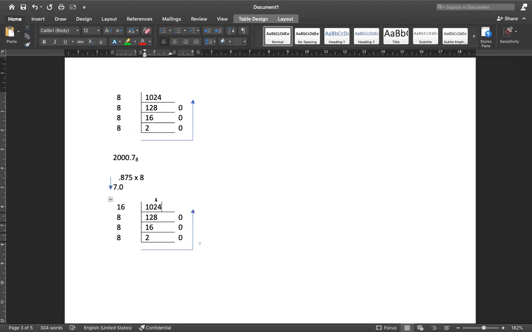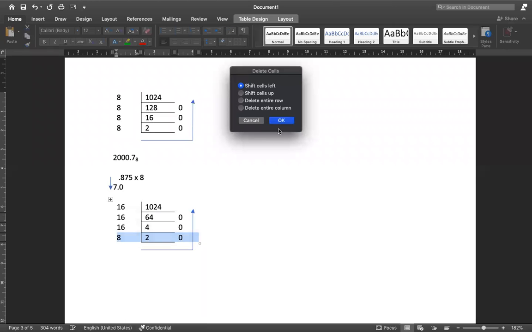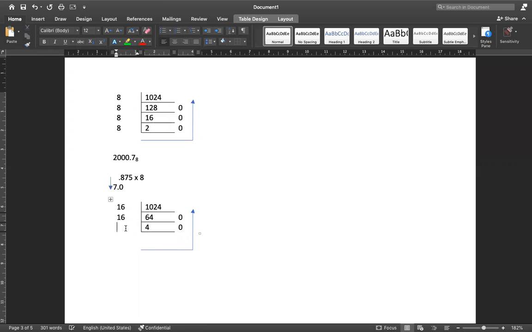You divide 1024 by 16, it will be 64, and remainder is 0. 64 divided by 16 is 4, remainder 0, and you don't have any more. Then the value is 400 in hexadecimal.